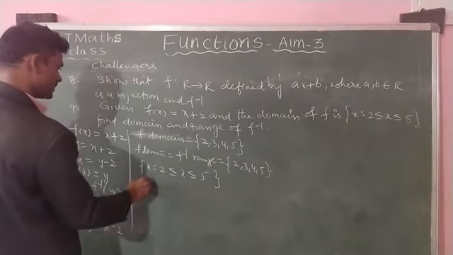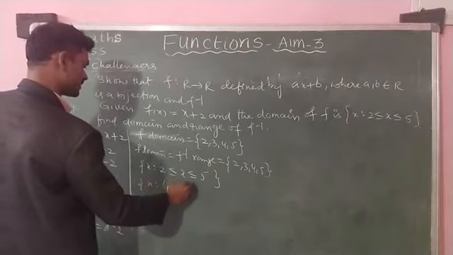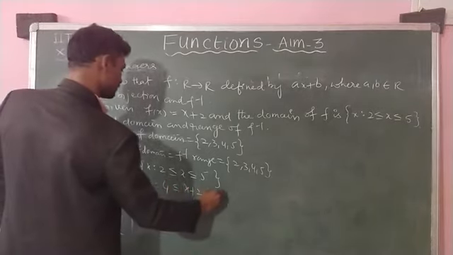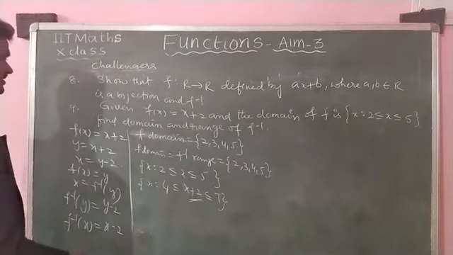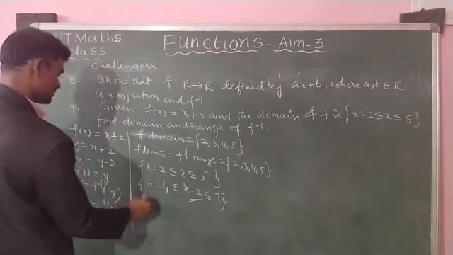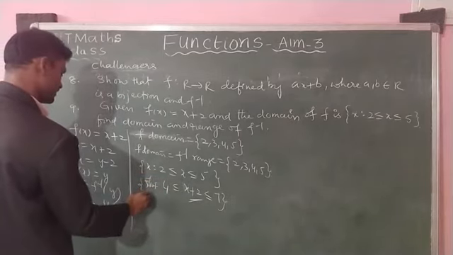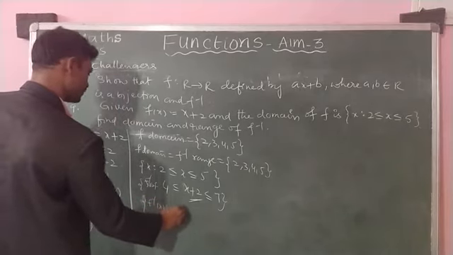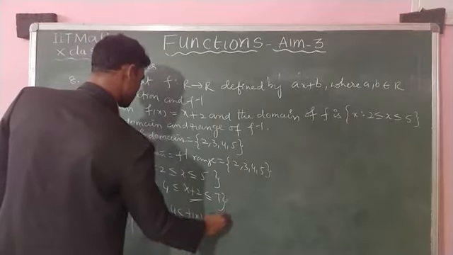Okay, here x says that 2 plus 2 is 4, which is less than or equal to x plus 2, which is less than or equal to 7. Now what does x plus 2 mean? It is f of x. Then f inverse of x says that 4 is less than or equal to f of x, which is less than or equal to 7.